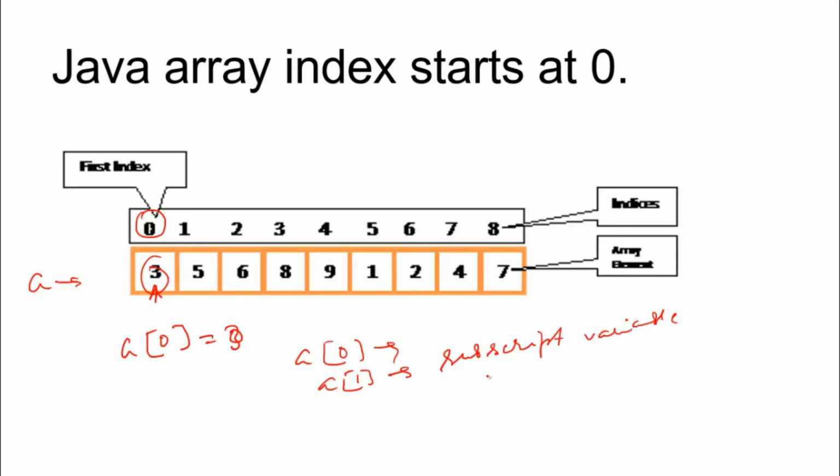This is called the subscript variable, this is the array elements and this is the indices, and it always starts with 0. You should remember this: whenever an array starts, it will start with 0.